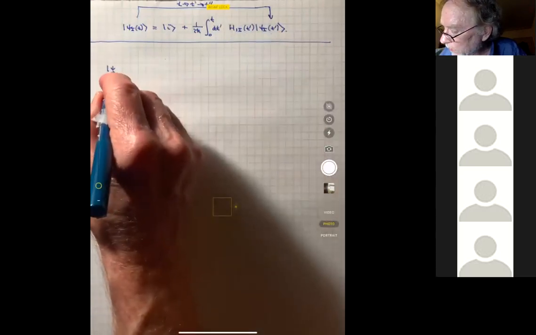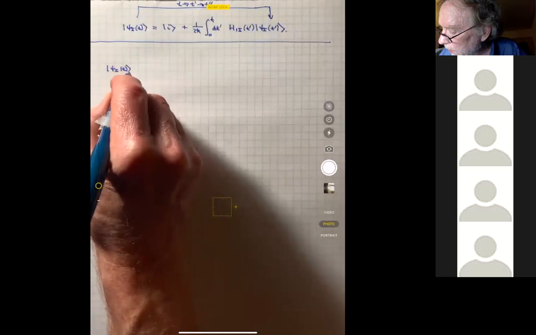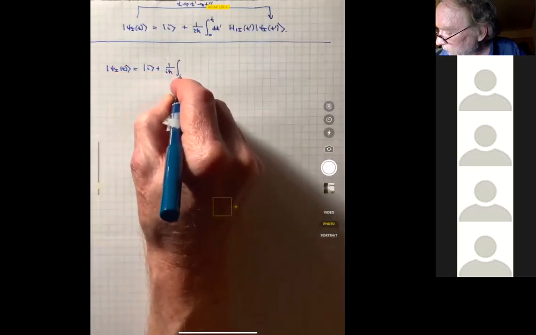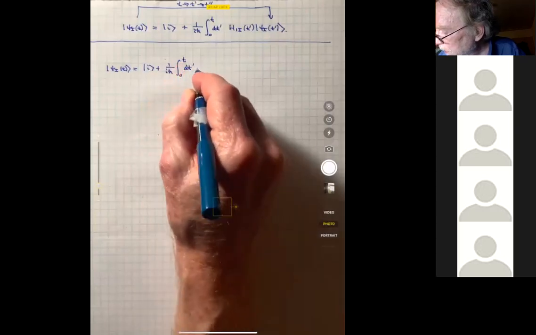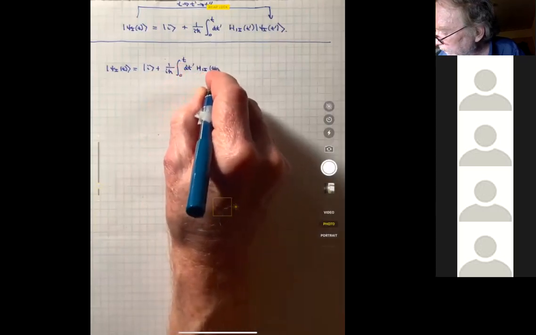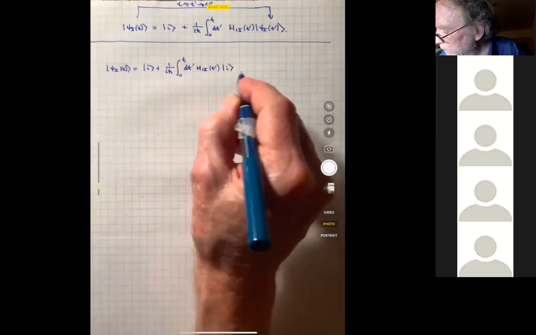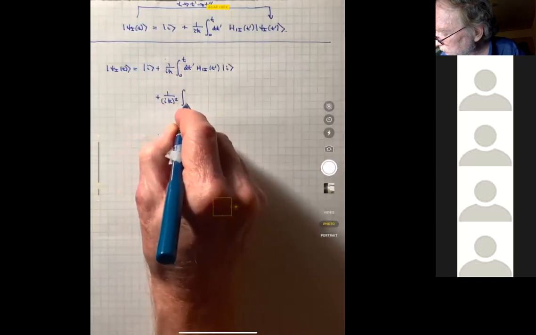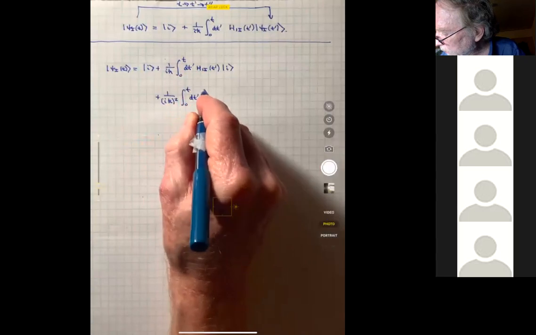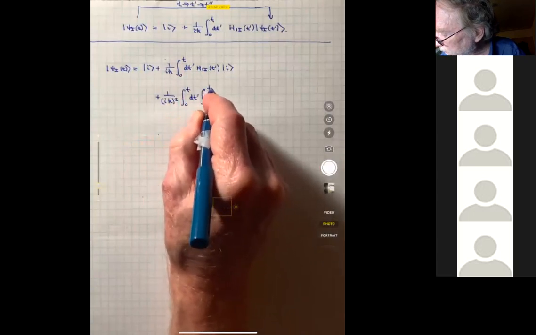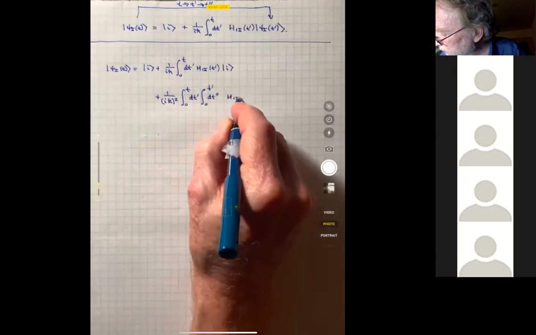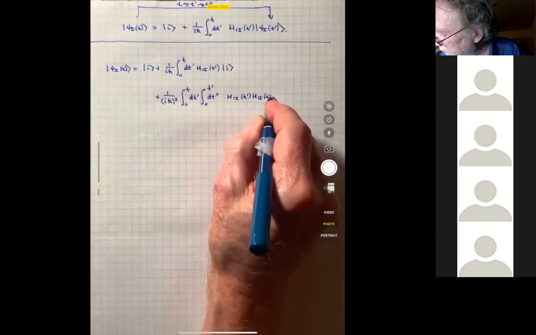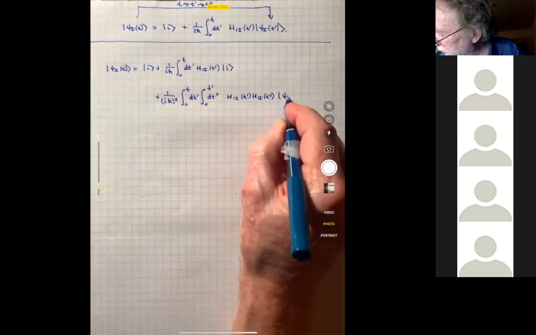If I do, what I get is another equation, which is still exact. This is that psi I of t is equal to the initial state I plus 1 over i h bar integral 0 to t dt prime H1 interaction of t prime times the initial state I, plus 1 over i h bar squared, a second order integral 0 to t dt prime, integral 0 to t prime dt double prime, H1 interaction of t prime times H1 interaction of t double prime multiplying onto psi I of t double prime.